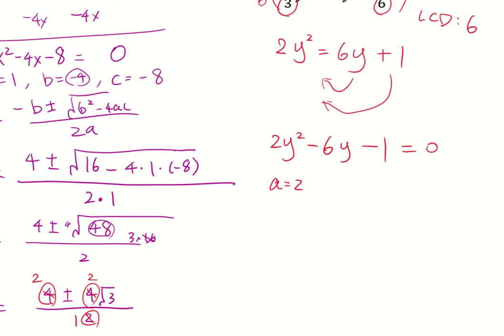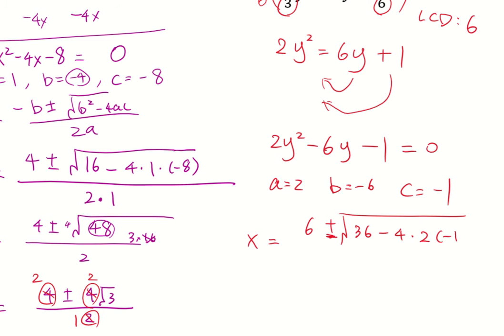A here is 2, B is negative 6, C is negative 1. So plug it into the formula. First, x equals negative b, so it's the opposite of negative 6. So 6 plus or minus square root of b squared is 36 minus 4 times a is 2, c is negative 1, over 2 times a, 2 times 2.